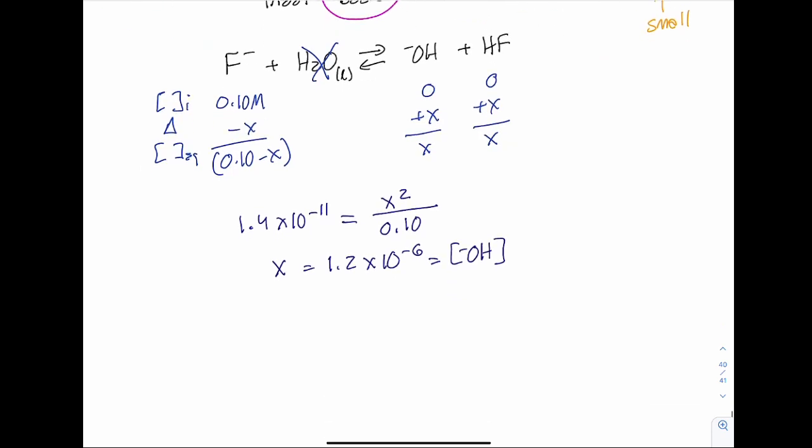So this is where you can do this one of two ways. I can divide this into Kw to get the hydronium ion concentration and then take the negative log of that value. Or I can calculate the pOH and subtract it from 14, which is how I'm going to do it.